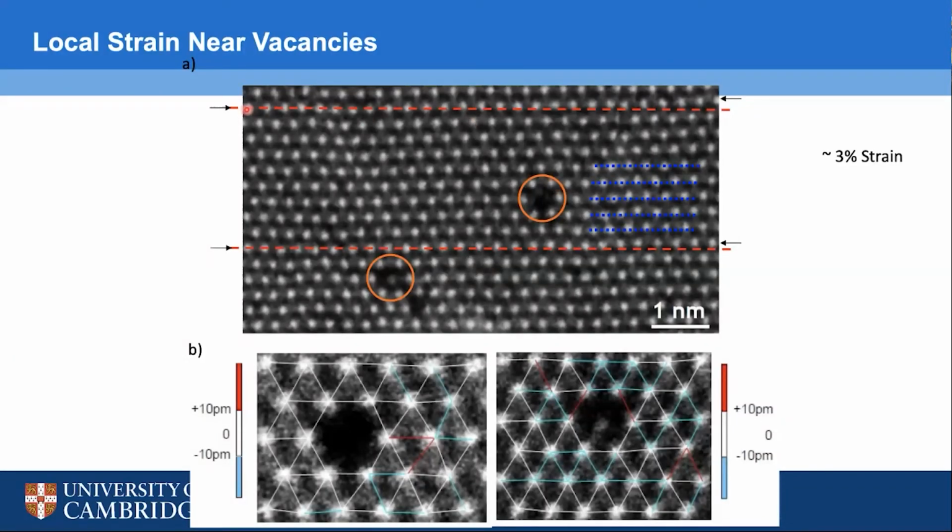If one looks at this dashed red line, one can see it is perfectly horizontal, but the atomic plane deviates quite dramatically from the red dashed line. And same here. So it suggests that there's atomic movement, and we can do this kind of mapping to show that locally there is a strain of approximately 3% in the material.